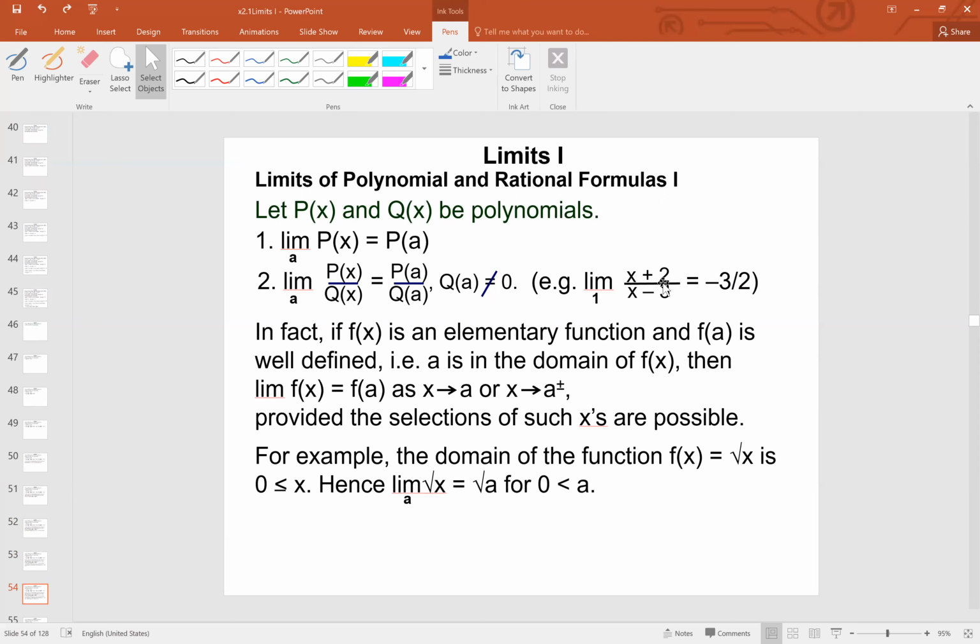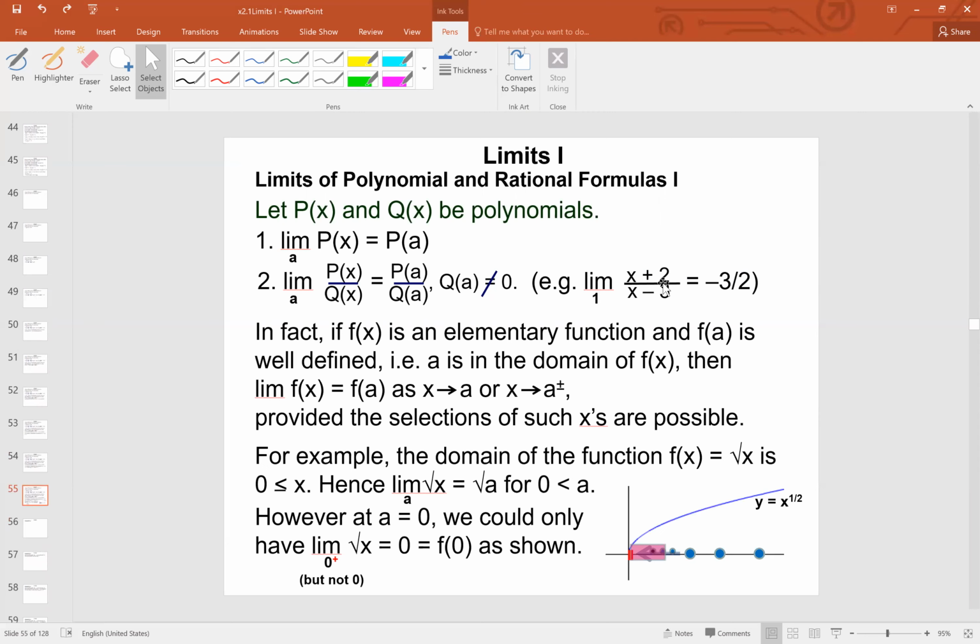And this is in general true for elementary functions. The thing you have to be careful about is that sometimes the question doesn't make sense. For instance, we can say when x approaches 0 from the right-hand side, for the square root of x, I'm taking small positive numbers, so the answer gets closer and closer to 0. So I can say the limit as x comes from the right is 0. But you cannot say that as x comes from the left you get 0, because it's not defined.